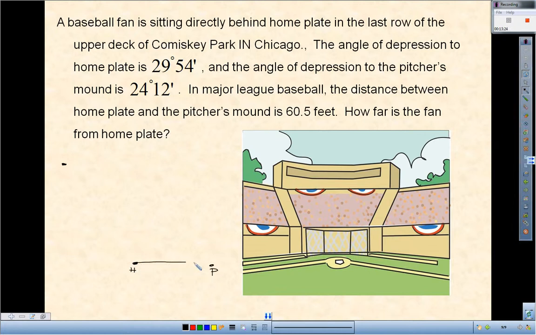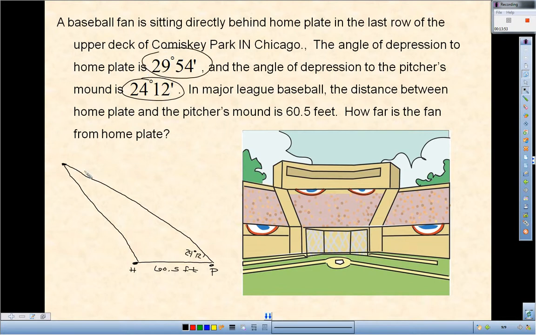From home plate to the pitcher's mound, that's 60.5 feet. The angle of depression to the pitcher's mound is 24 degrees 12 minutes. The angle of depression is the same thing as the angle of elevation, so this is also 24 degrees 12 minutes. And the angle of depression to home plate is 29 degrees 54 minutes.